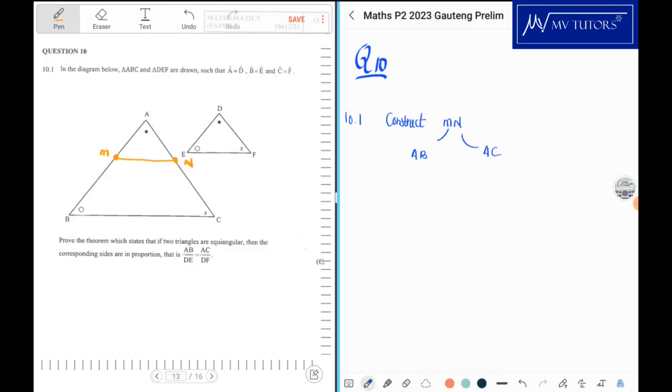All right, and as such, what you're going to then show and what you've already been given, once you have constructed that line, you can then confidently say that you have A, which is going to be equal to D. And that was actually given.